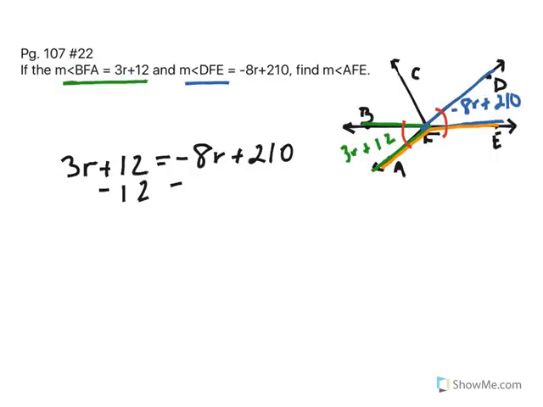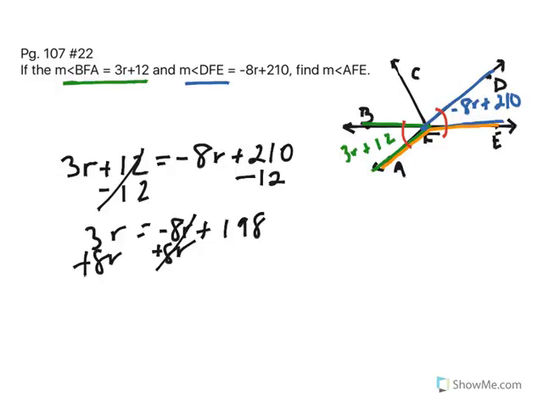So I'm going to solve. I'm going to get, so R is 18.